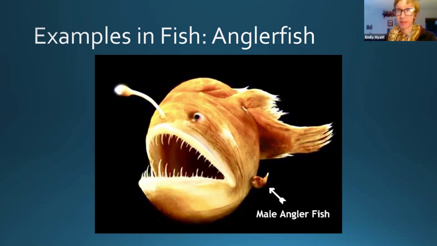And that is pretty much a result of the habitat that they live in. If you're in a tiny area in the dark ocean and your chances of coming across a female are very slim, the moment a male comes across a female, he's going to latch on and he just stays there for the rest of his life. That is now his partner, whether she likes it or not.